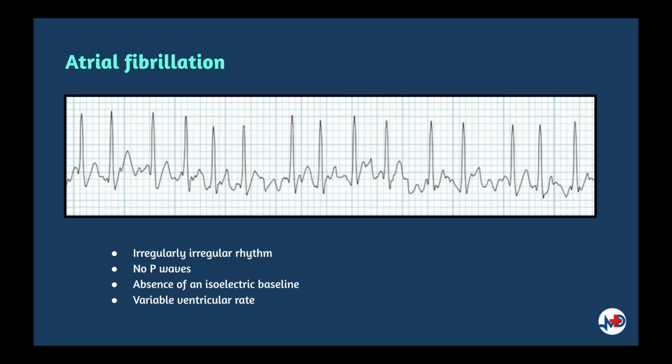Take note of the fibrillatory waves that may be present and can be either fine, with an amplitude of less than 0.5 millimeters, or coarse, with an amplitude of more than 0.5 millimeters. Sometimes these fibrillatory waves may mimic P waves, hence leading to misdiagnosis.